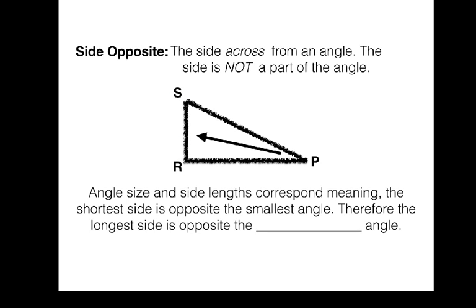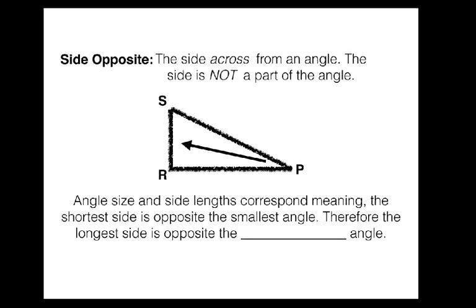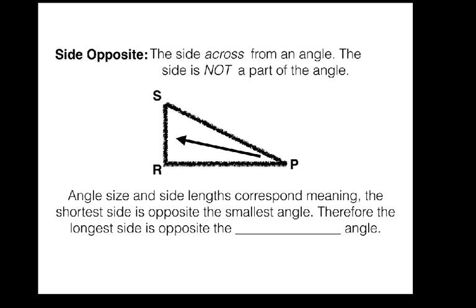And we sort of just answered this question, but angle size and the side lengths correspond, meaning that the shortest side is opposite the smallest angle. You can see that here with angle P. Whoa. Angle P is the smallest angle in this triangle, and SR is the smallest side.